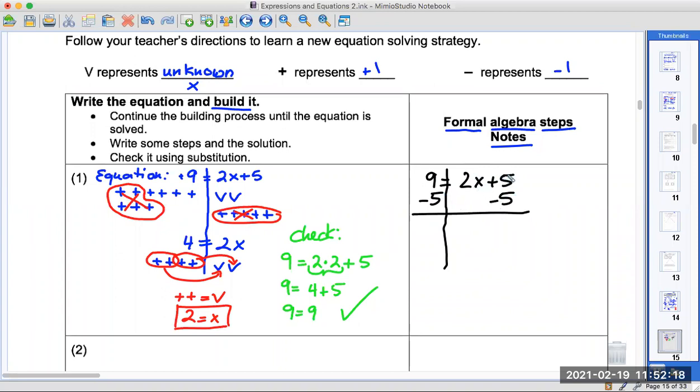So the 5 and 5 is gone. That's this part right here. And the 9 minus 5 is 4. That's this part right here. And the 2x are still here. Okay, so subtract 5 from both sides.